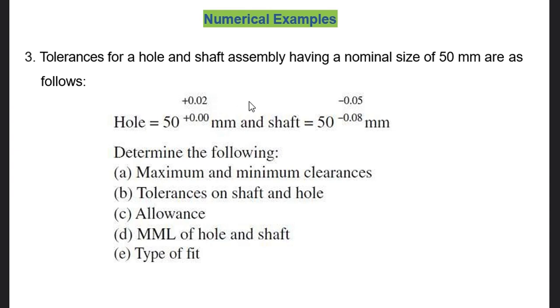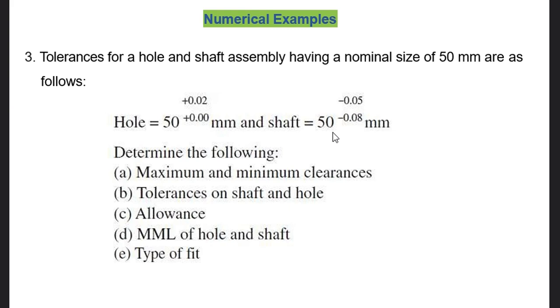Okay, similarly, what is the allowance on shaft? What is the lower limit of the shaft? It is 50 minus 0.08, so that gives you 49.92. So that's your lower limit. And what's your upper limit? 50 minus 0.05, which gives 49.95.